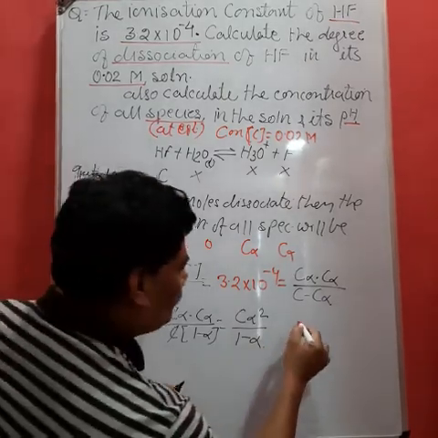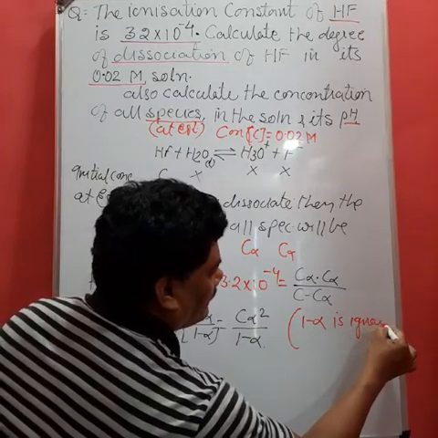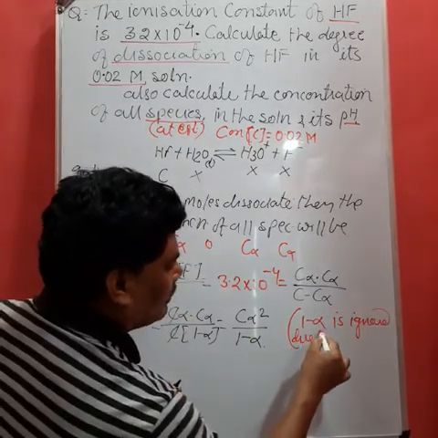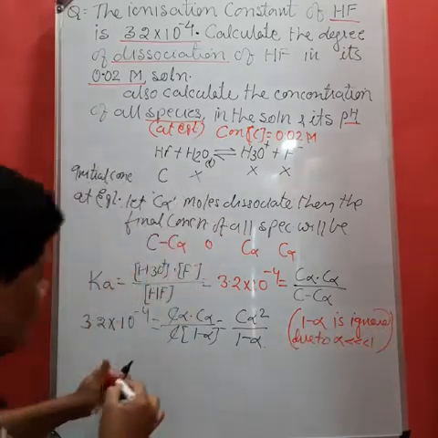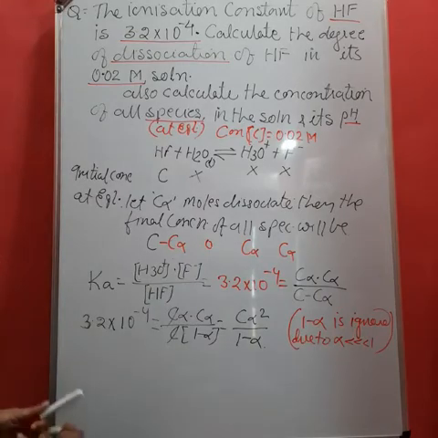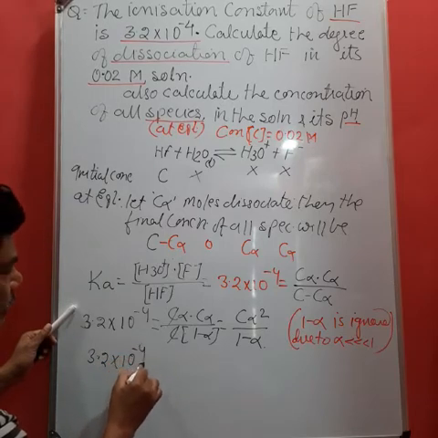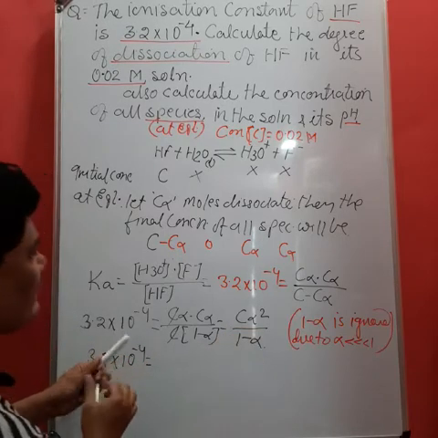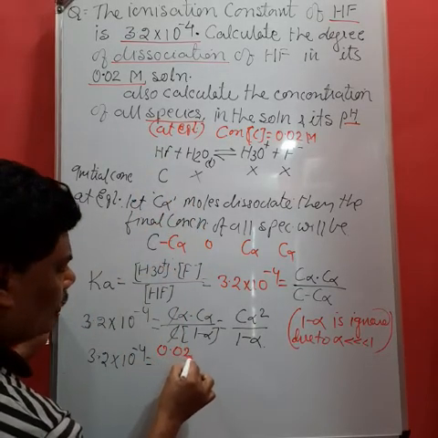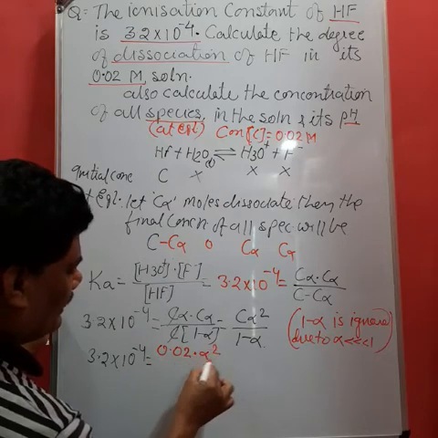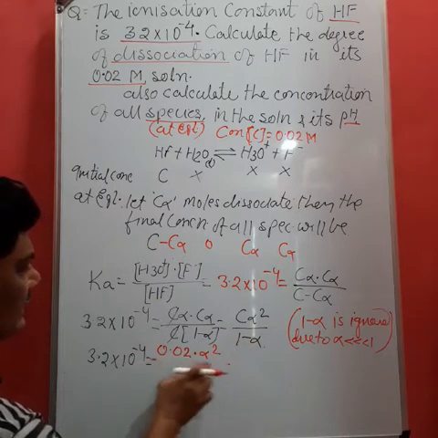Here 1 minus alpha is ignored because alpha is very small as compared to 1. So 3.2 × 10^-4 is equal to 0.02 multiplied by alpha square.